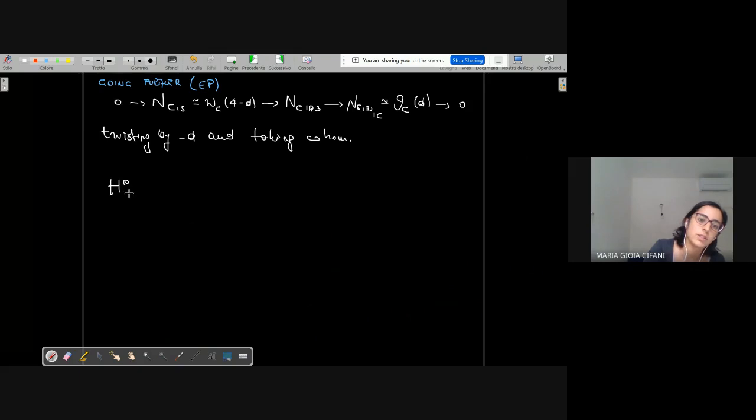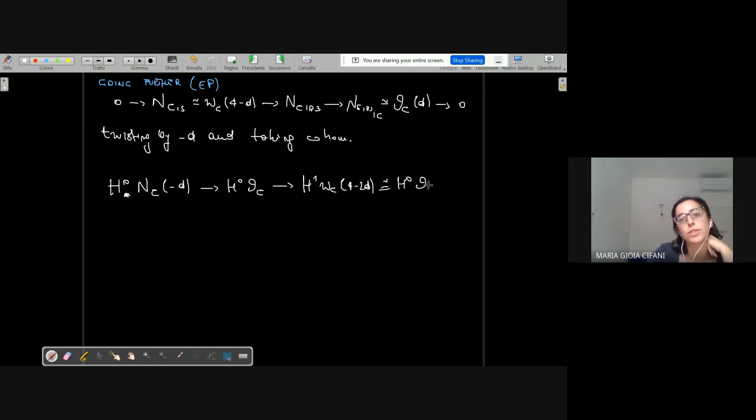Here we have H0, degree by degree, of the normal of C in degree minus d, and it goes to H0 OC, and H1 of omega C in degree 4 minus 2d. It is the dual of H0 OC in degree 2d minus 4, dual.